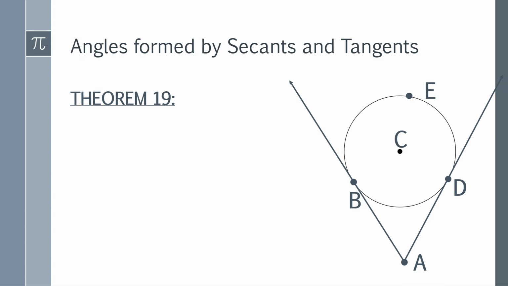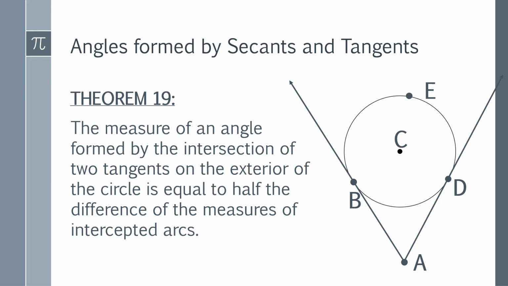Let us have theorem number 19. What does this theorem state? Theorem number 19 states that the measure of an angle formed by the intersection of two tangents on the exterior of the circle, meaning the intersection of these two lines is on the outside of the circle, is equal to half the difference.